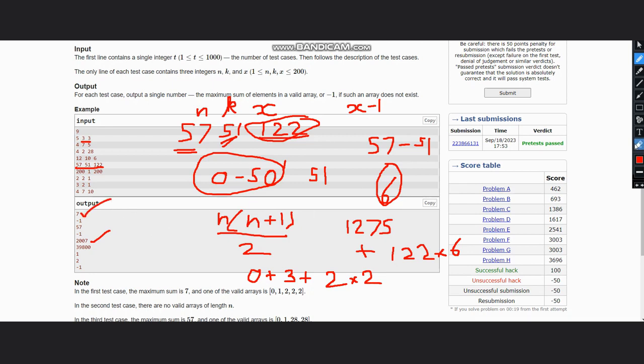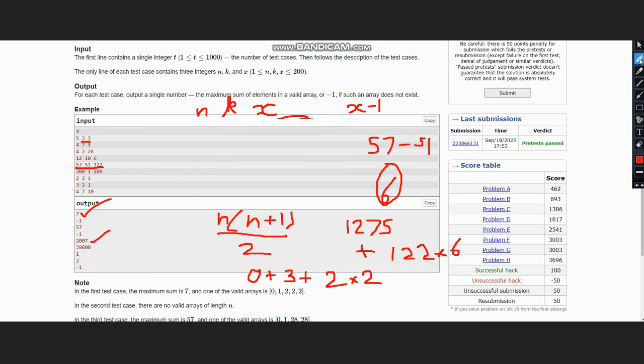So simply, the formula is, let me write it clearly: (k minus 1) into k by 2, because here 51 was there and till 50 we are taking the sum.